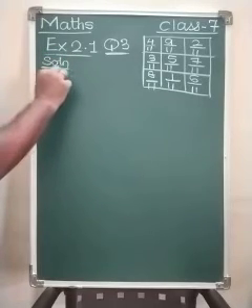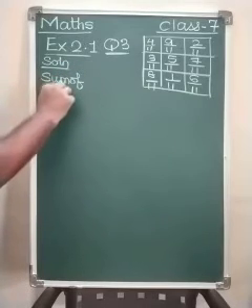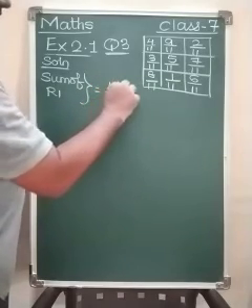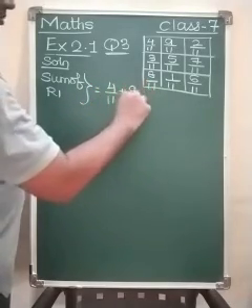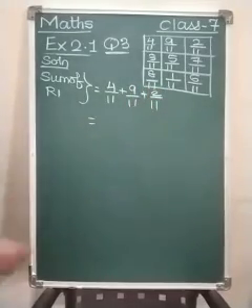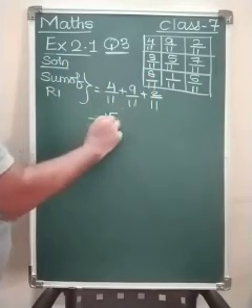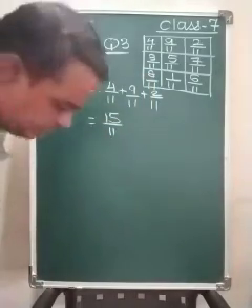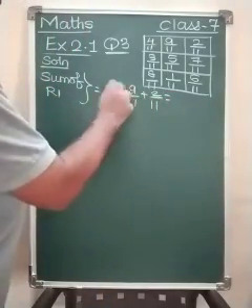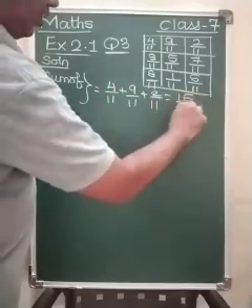Sum of R1 equals to 4 upon 11 plus 9 upon 11 plus 2 upon 11. So this equals to 4 plus 9 is 13, 13 plus 2, 15 upon 11.